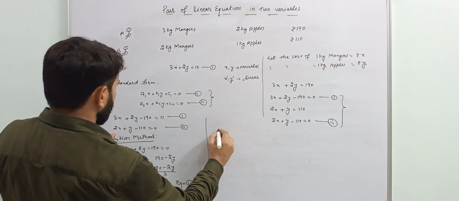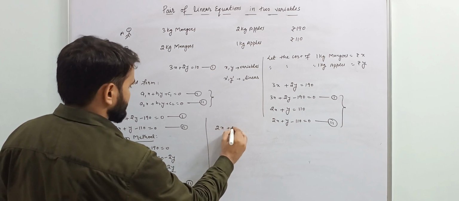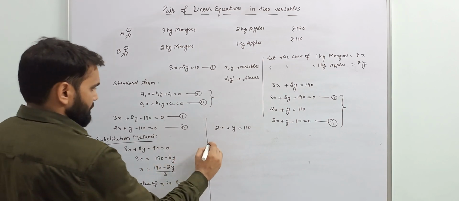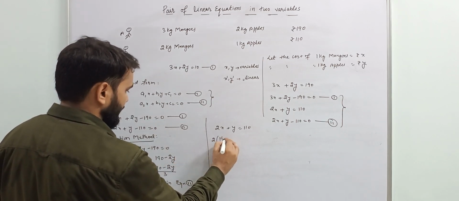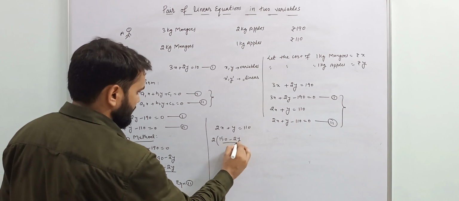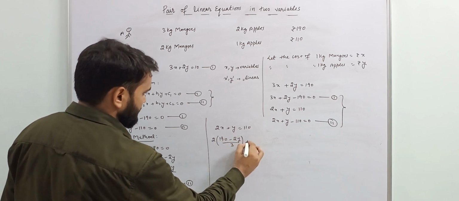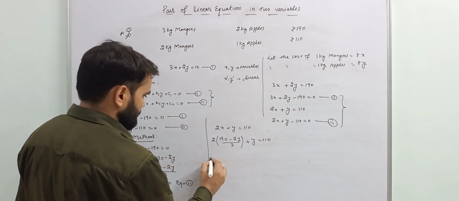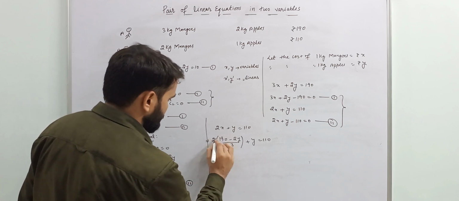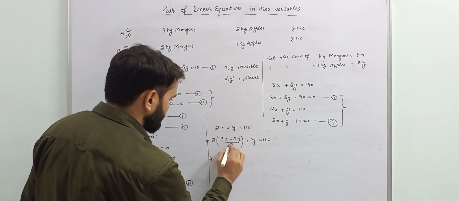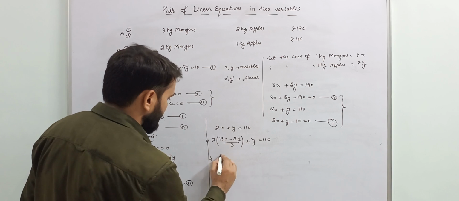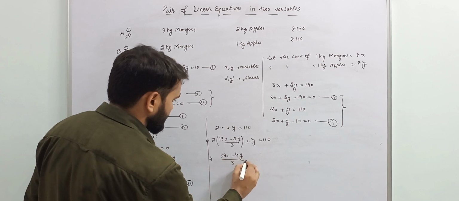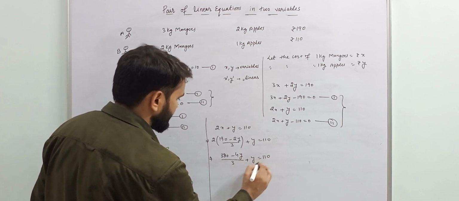So here the second equation is 2x plus y is equal to 110. x is here (190 minus 2y upon 3) and plus y is equal to 110. Now just solve this equation. So 2 is multiplied to both numbers, so 190 into 2 is 380 minus 4y upon 3 plus y is equal to 110.